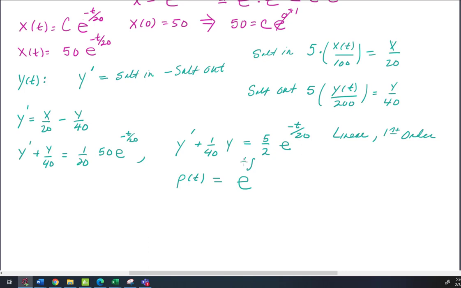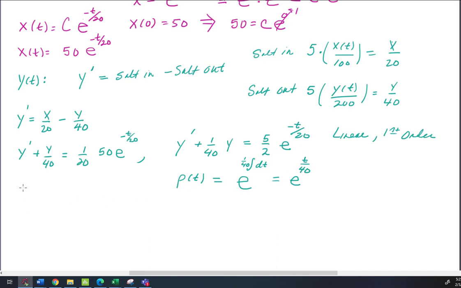So this would be 1 over 40 dt, which would be e to the t over 40. It's an indefinite integral, so, you know, plus c, but we can take that c to be 0 and then use as an integrating factor e to the t over 40.